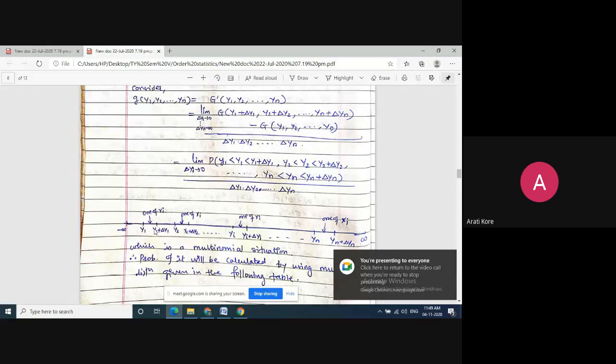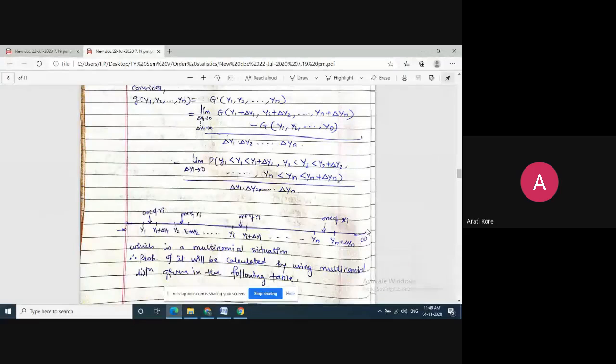So on the number line, how can I show it, on the real line? What do I want? I want y1 to lie between y1 and y1 plus delta y1, y2 to lie between y2 and y2 plus delta y2, so on, yi to lie between yi and yi plus delta yi, and yn to lie between yn and yn plus delta yn, right?